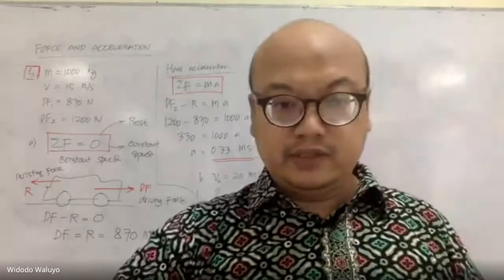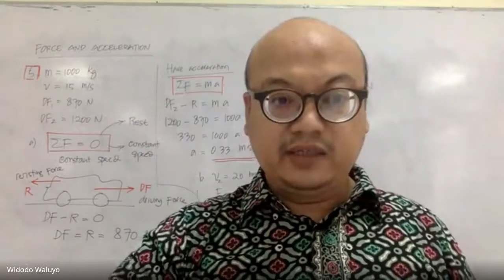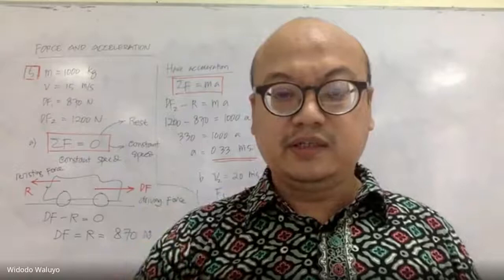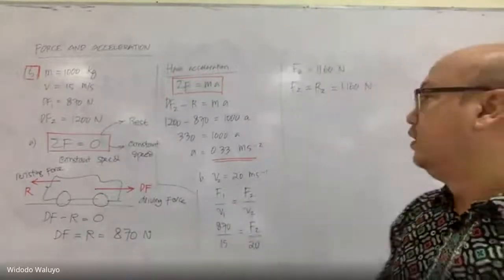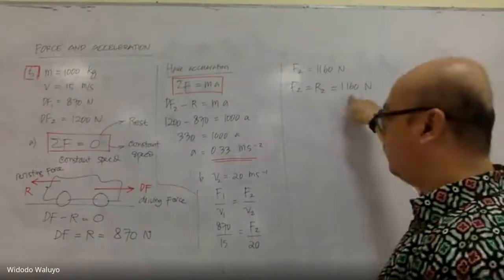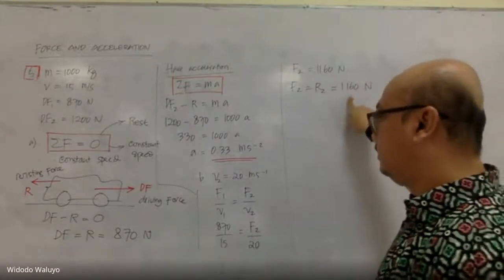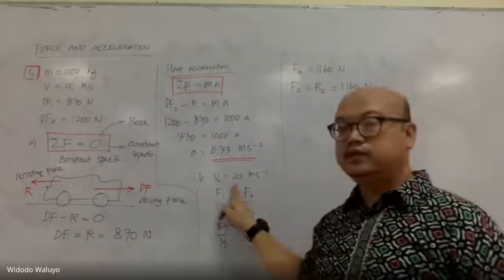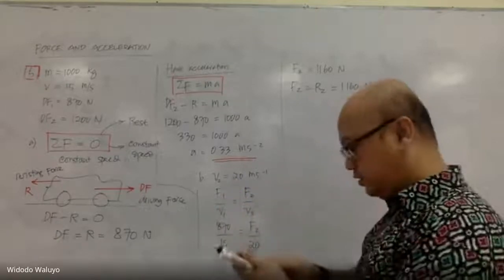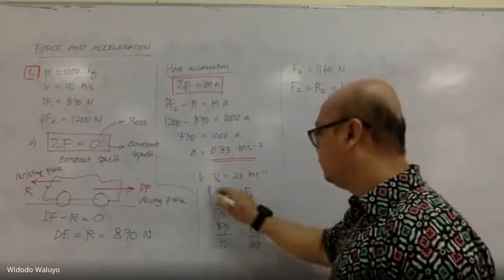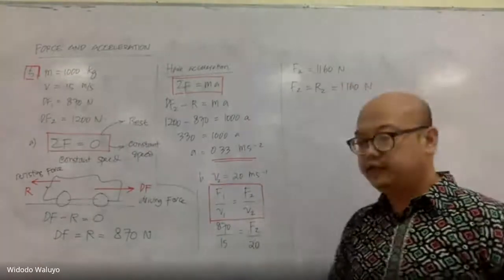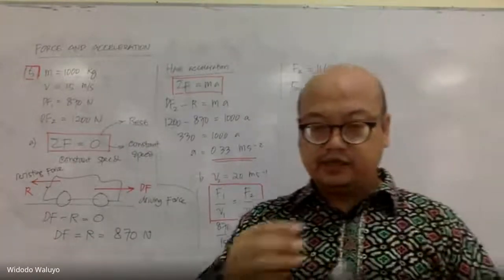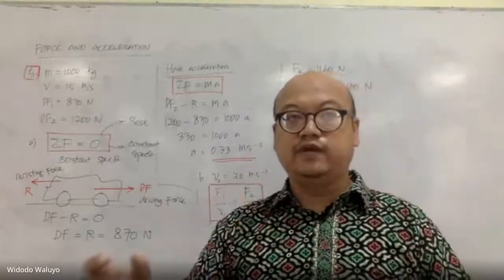Because the question is to find the resistance to motion, and then the acceleration of the car. This is the resisting force when the velocity is 20. This is the new formula, with the ratio between force and velocity.